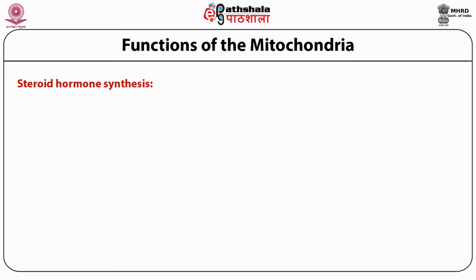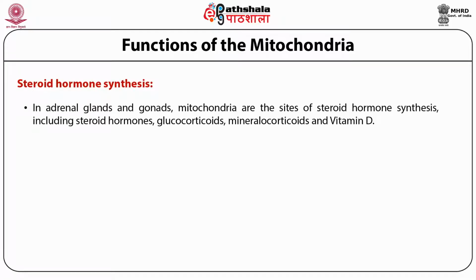In tissues like adrenal glands and gonads, mitochondria are the sites of steroid hormone synthesis, including steroid hormones, glucocorticoids, mineralocorticoids, and vitamin D. Cholesterol, or a related sterol, is the precursor of all these compounds in a series of hydroxylations catalyzed by enzymes of the cytochrome P450 family.